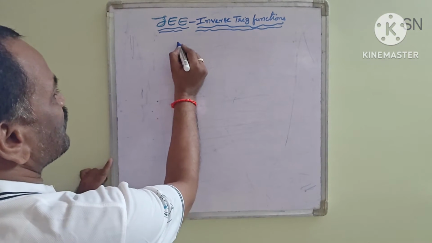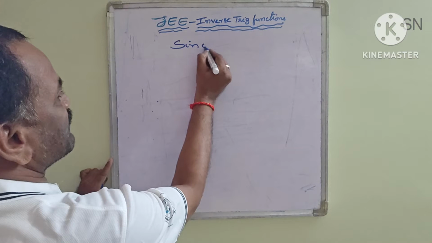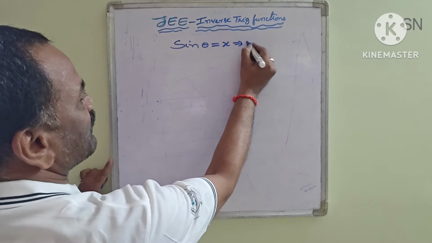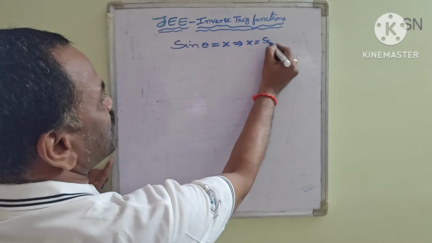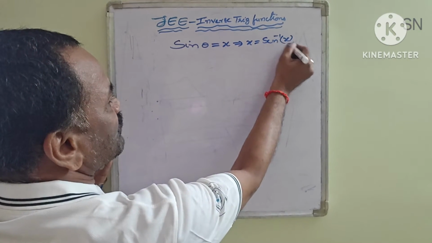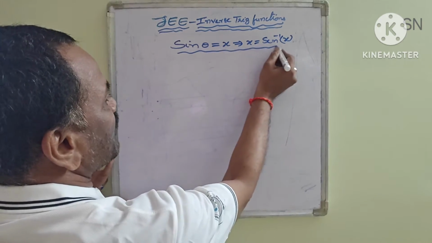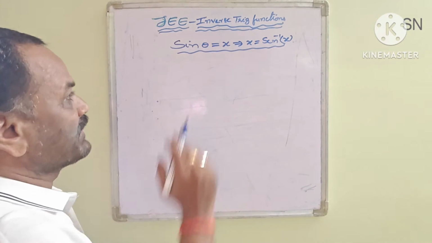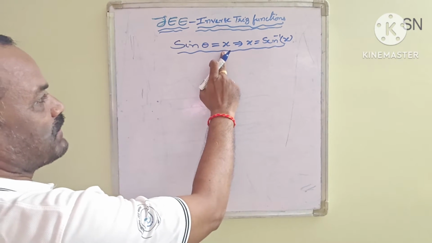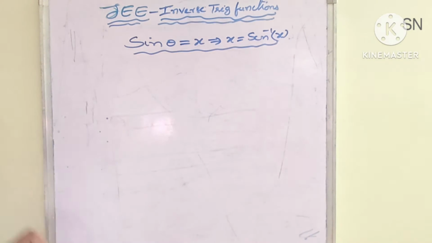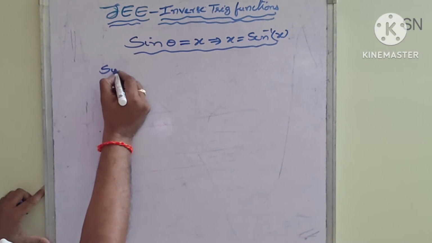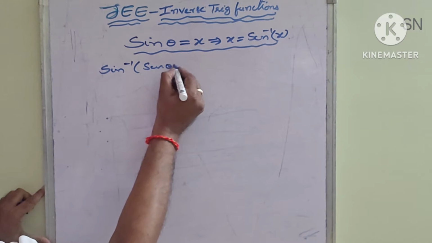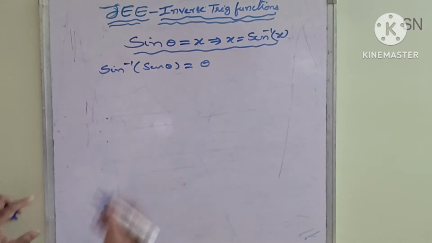Here we know that sin theta is equal to x, then theta is equal to sin inverse of x. So this is the inverse trigonometric functions. The same holds for all trigonometric ratios. Now, sin inverse of sin theta is equal to theta.